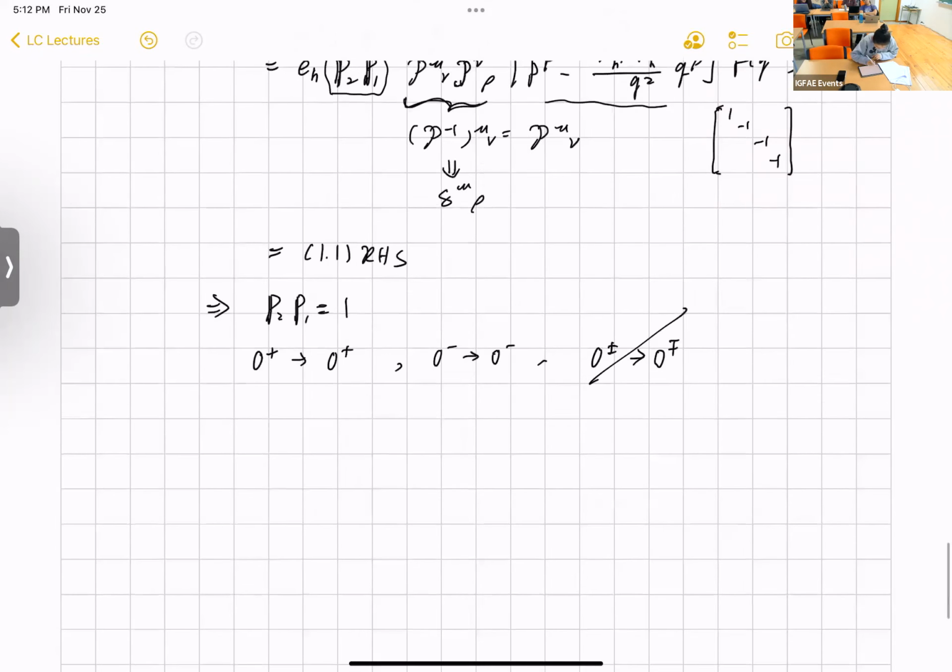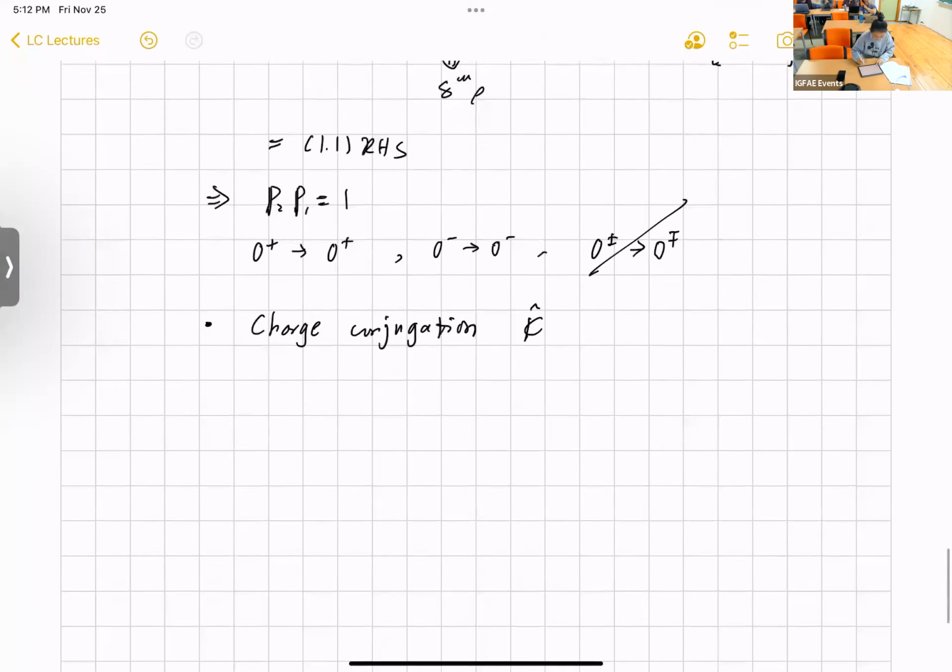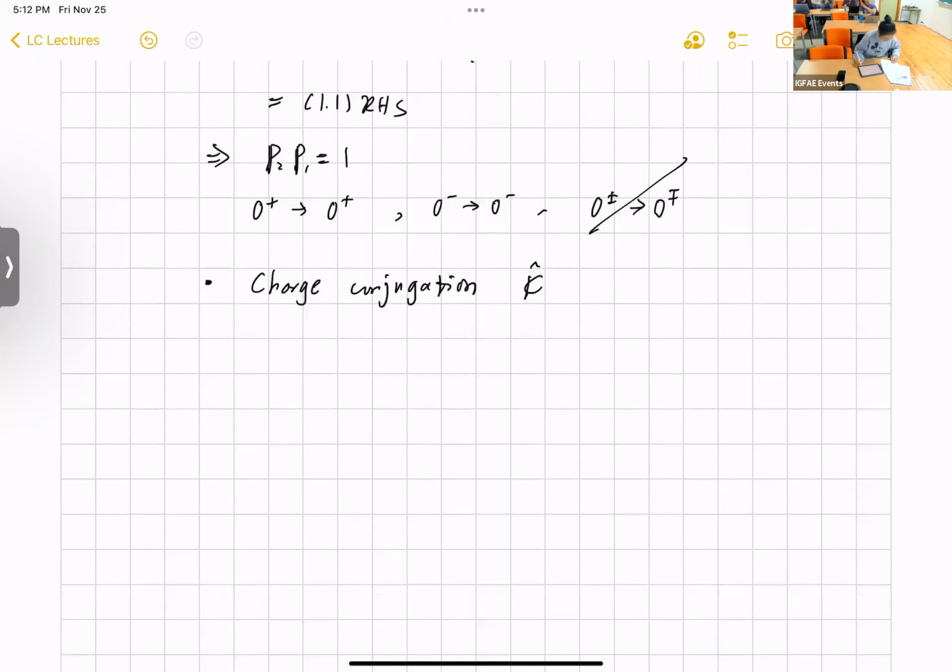And another symmetry we want to check is the charge conjugation. Of course, this only applies to the charge neutral meson. So I will write the operator as this C hat. Let's start again with the left-hand side of equation 1.1.